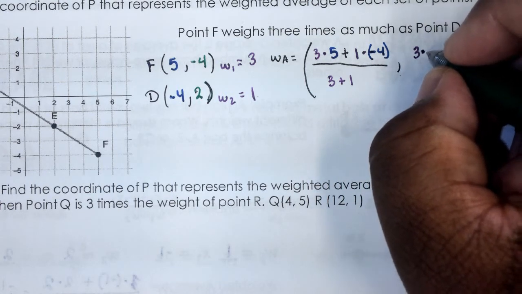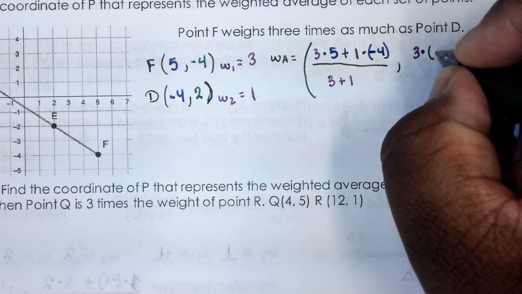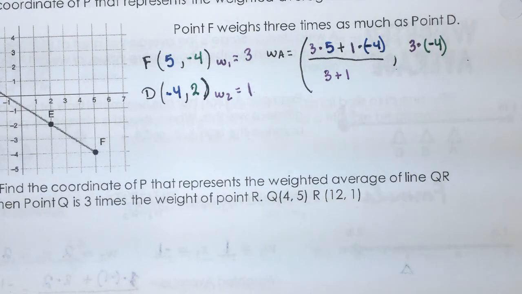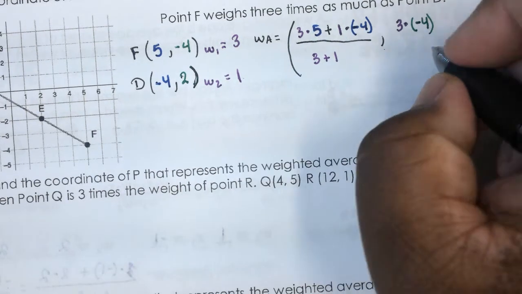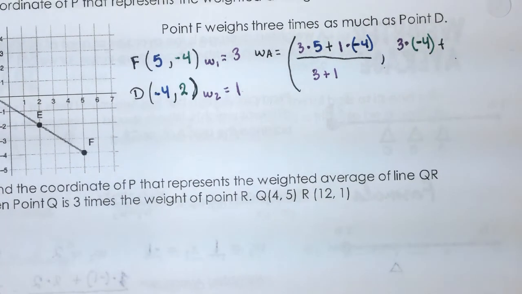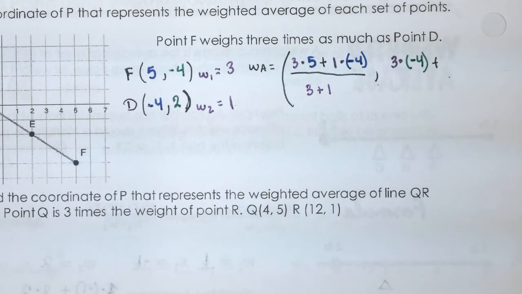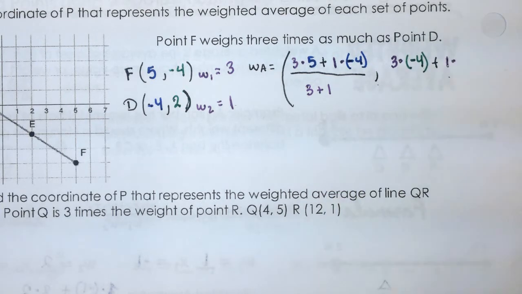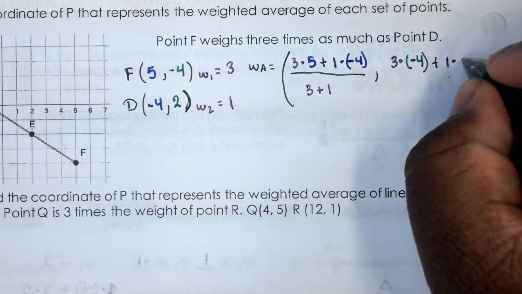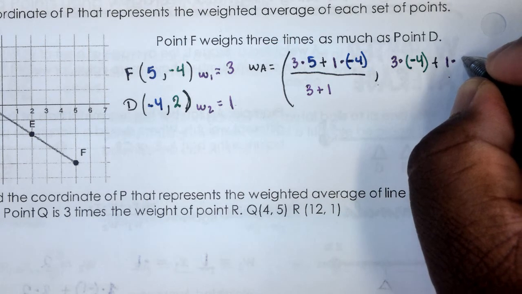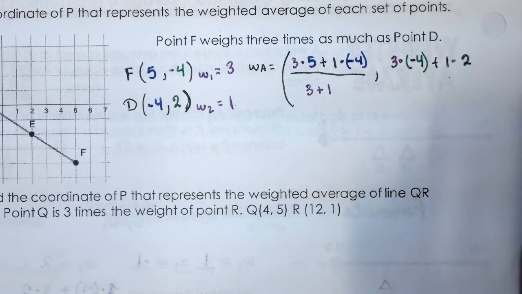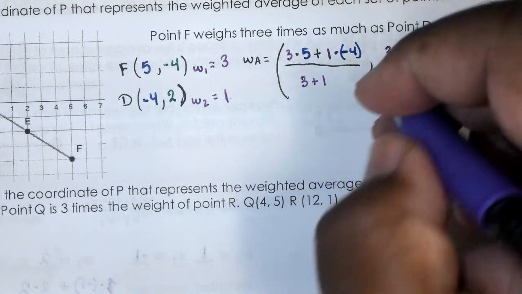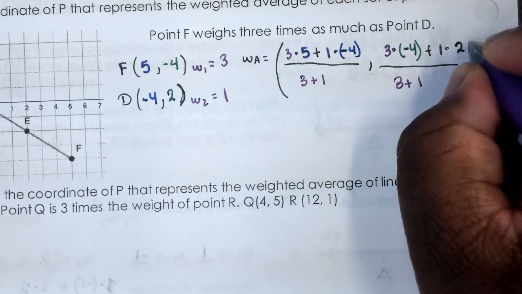Plus my weight 2 times my y2, which is 2, divided by my weights added together, 3 plus 1.